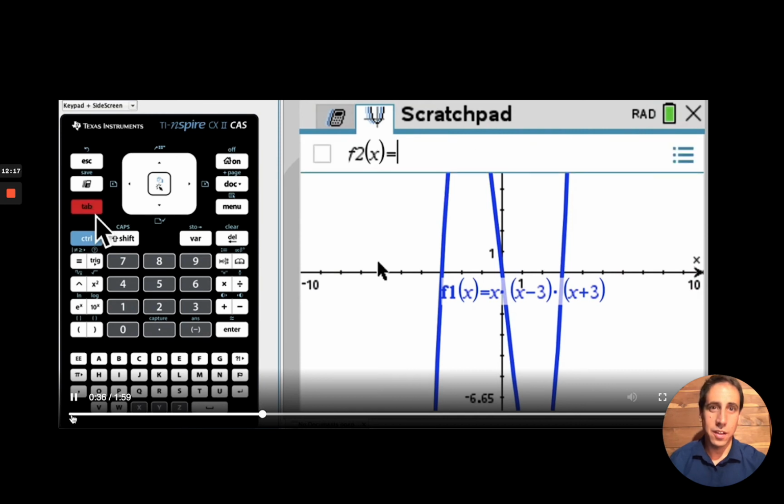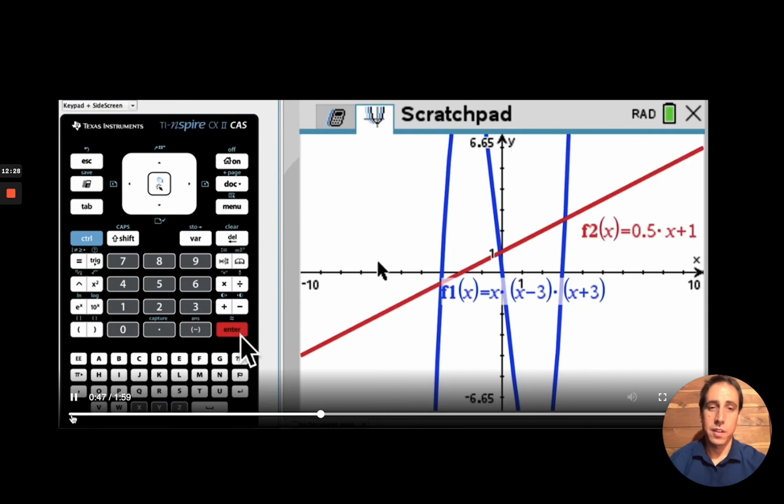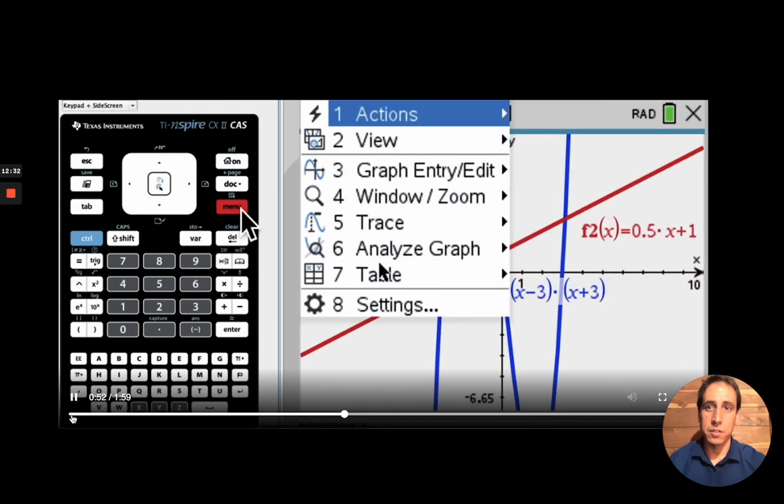Whoa, this thing is all over the place. All right, next function, press tab and then 0.5x plus 1, enter. Wow, we got a red equation and blue equation, red function, blue function being graphed.